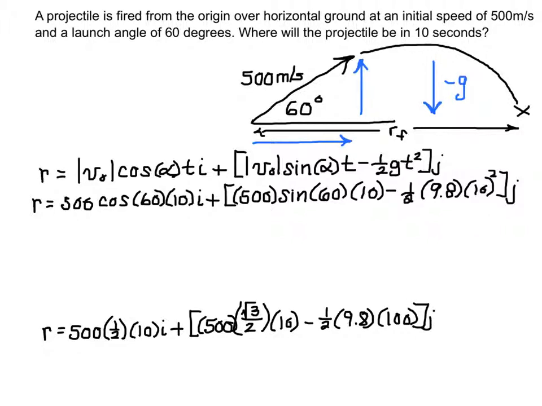Let's cancel some of this out. Let's see, this 2 cancels out this 10, leaving it as a 5. 10 divided by 2 is a 5. And then let's take this and let's move this out and finish this off.